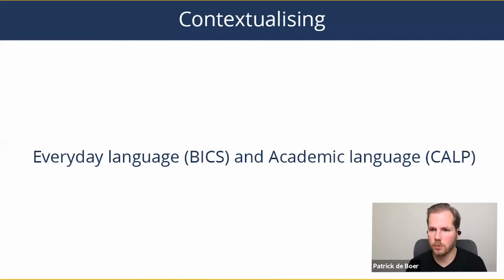So if you want to make sure that CALP is more effective, you need to contextualize. You need to make sure there are a lot of ways they can relate to this. So you scaffold learning CALP by using context. You use multimedia input or texts that are related to it, pictures, whatever, as long as you're supporting the learning process, so that they can link it more easily to knowledge they already have, hence the bridging, but also put it more in context.